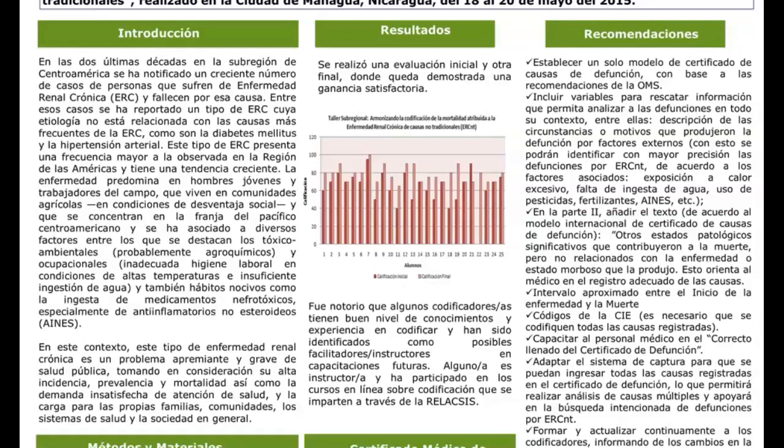So what's happening? What's missing for the doctor to indicate the cause that makes the kidney fail? Most cases of chronic kidney disease are linked to diabetes and hypertension.